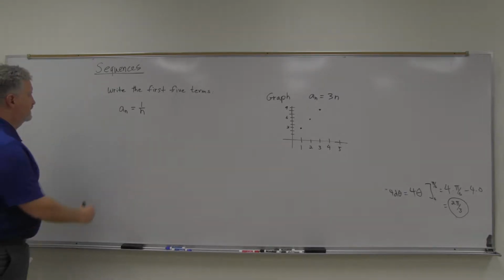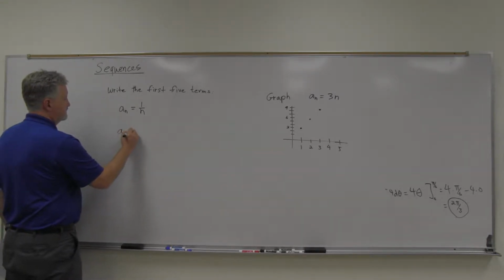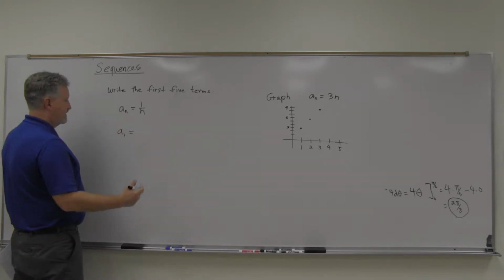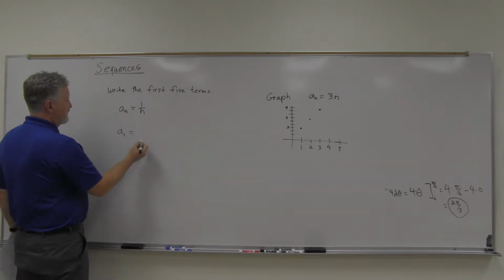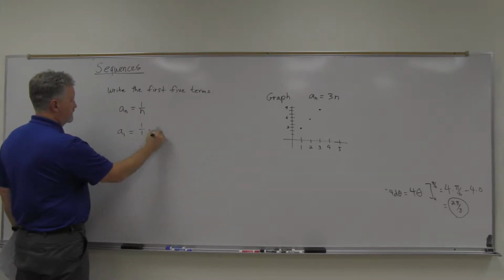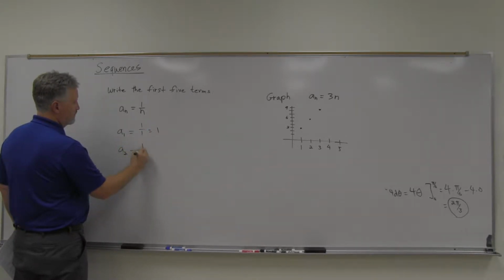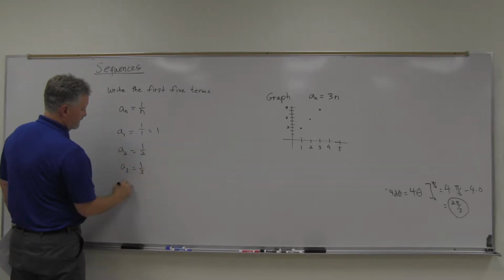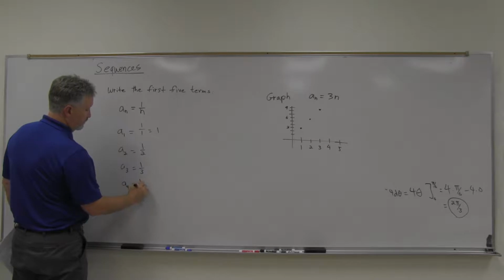If you want to write out A1, A2, A3, that's fine, or not. But what would A1 be? n is 1, so it would be 1 over 1, which is 1. A2 would be 1 over 2. A3, yeah. So you're just plugging in appropriately there.